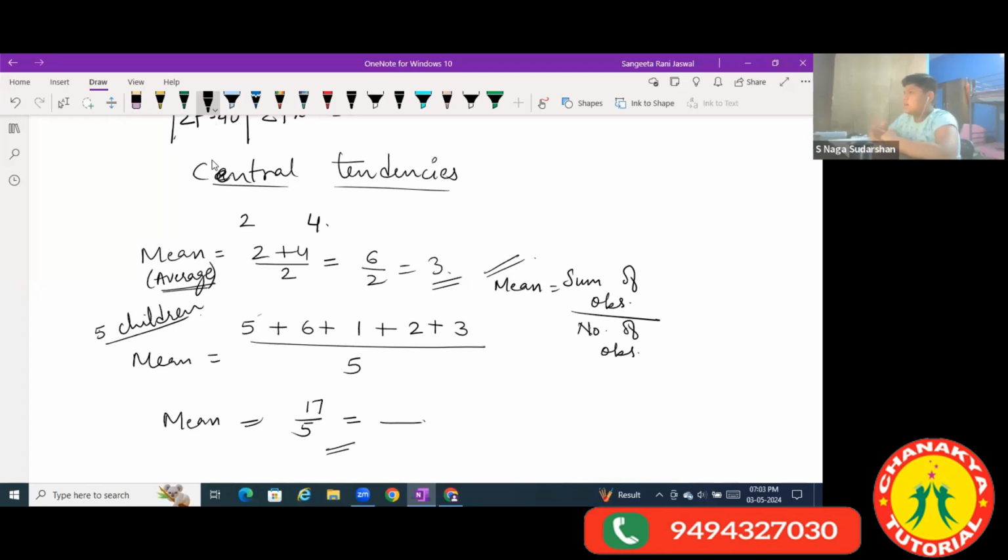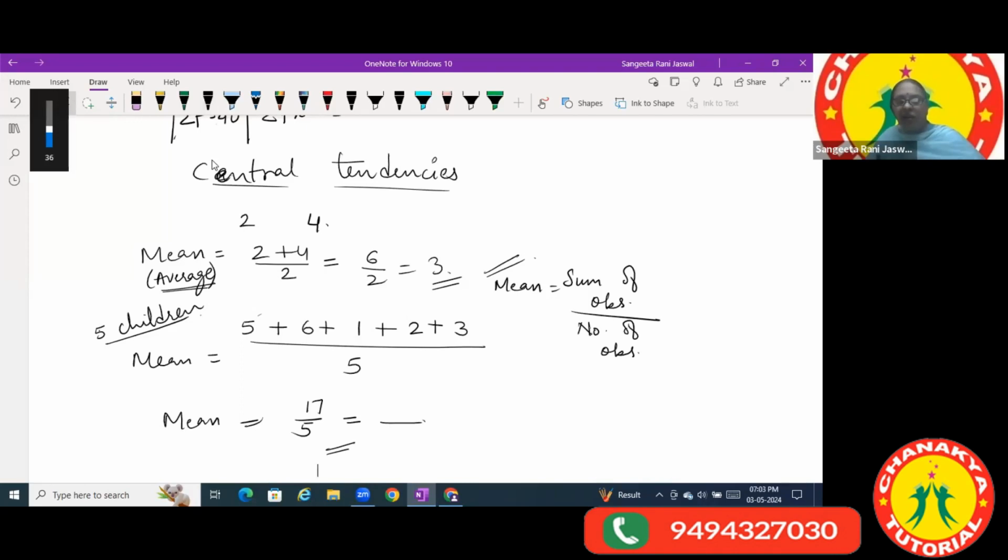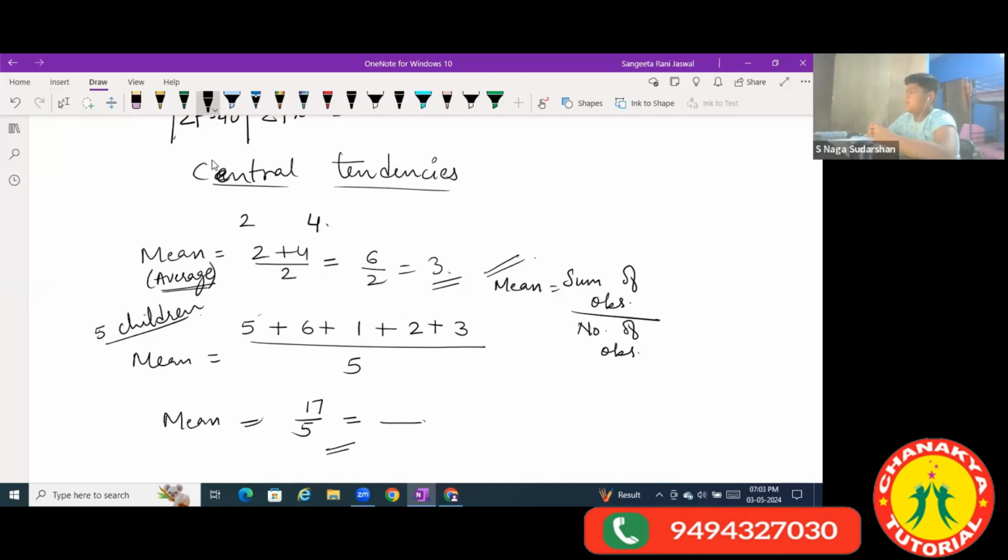Mean means middle. Mean is adding all observations and dividing by the number of observations. In this case, I had 5 observations: first, second, third, fourth, fifth.